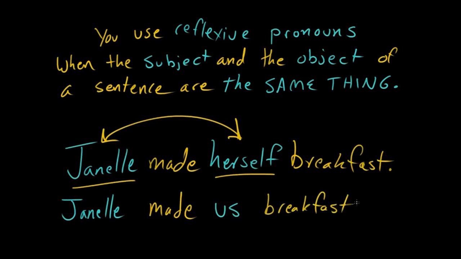Janelle made us breakfast, and in this case, this usage is not reflective. She's not doing a thing for herself or to herself. She's making breakfast for other people. And so you just use the regular personal object pronoun there. You can only use a reflexive pronoun when the subject and the object of the sentence are the same thing. Janelle is the same thing as herself. Janelle is not the same thing as us, so we would say us here and not ourselves.